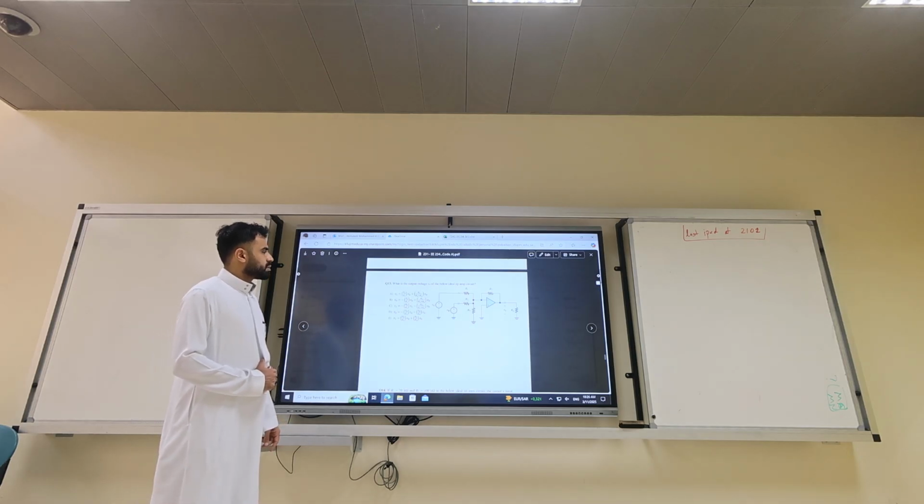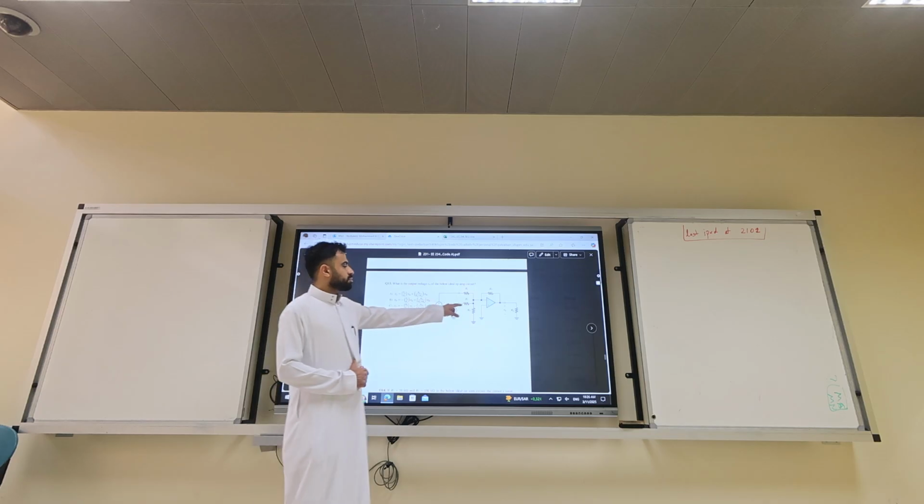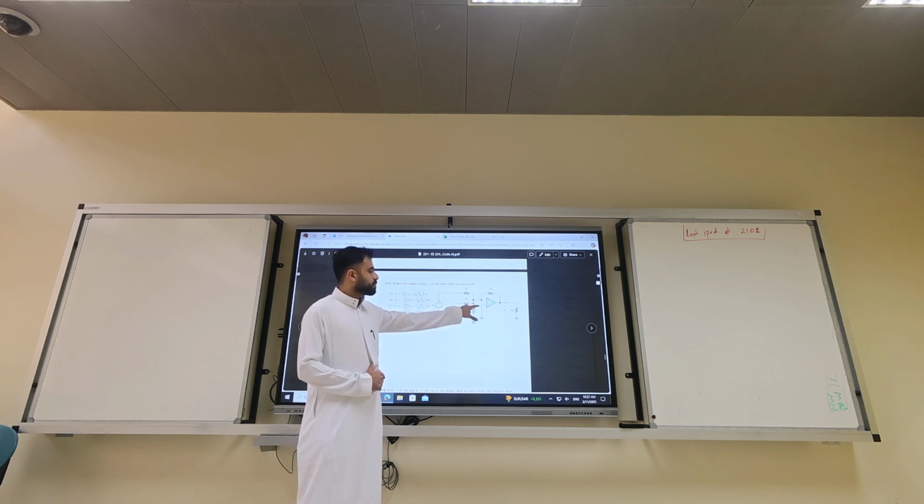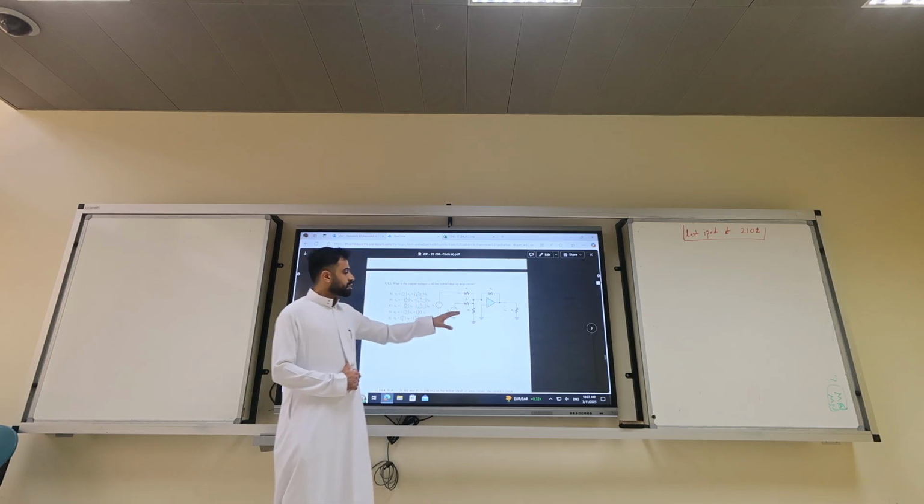What is V input here? What is the voltage that appears here? It's 0 volts, right? Yes. So this means, what's the input impedance?